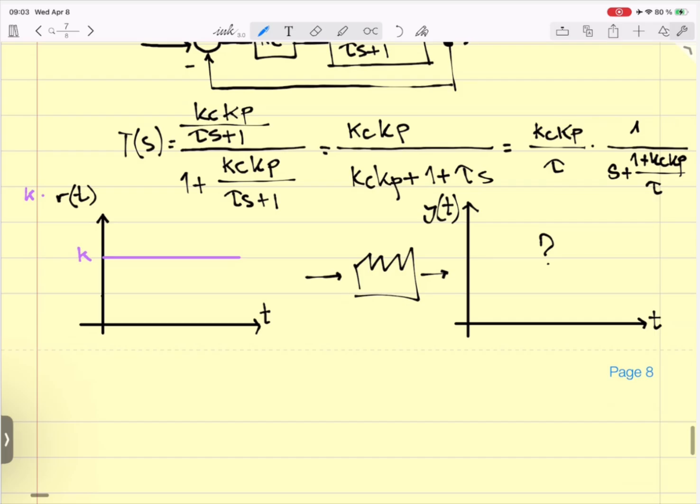Okay, so if we have the I of s equals r of s times the transfer function, we have here k divided by s, just as above, and then we have all our transfer function here.